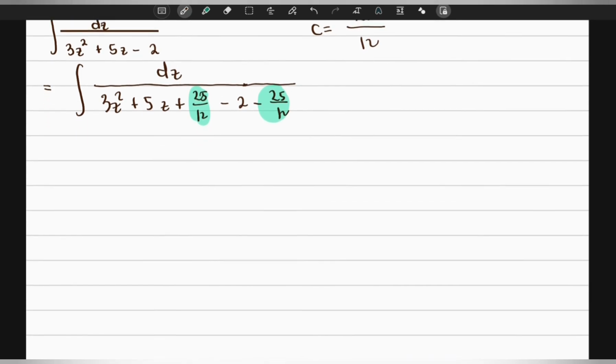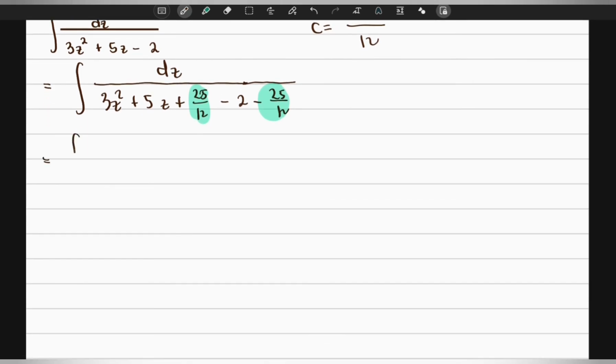Ayan. So, ito magiging square root of 3z plus 5 over square root of 12. So, ganyan guys yung mangyayari dyan. Tapos, ito magiging negative 2 minus 25 over 12 over 12.